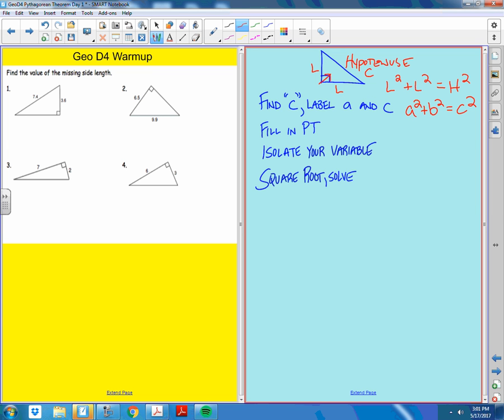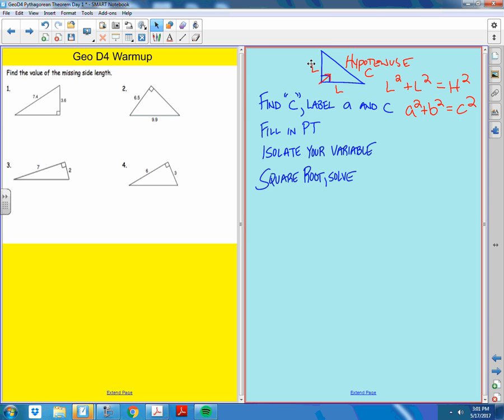That's the Pythagorean theorem. It works every time, no matter what. If you find that A squared plus B squared, the two legs squared and added together, equals the hypotenuse squared, by definition you have a right triangle. It's almost like a proof. It's a way to prove that you have a right triangle.